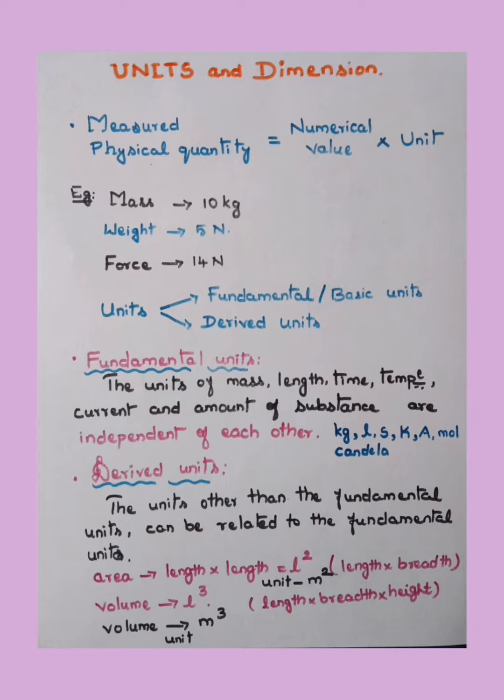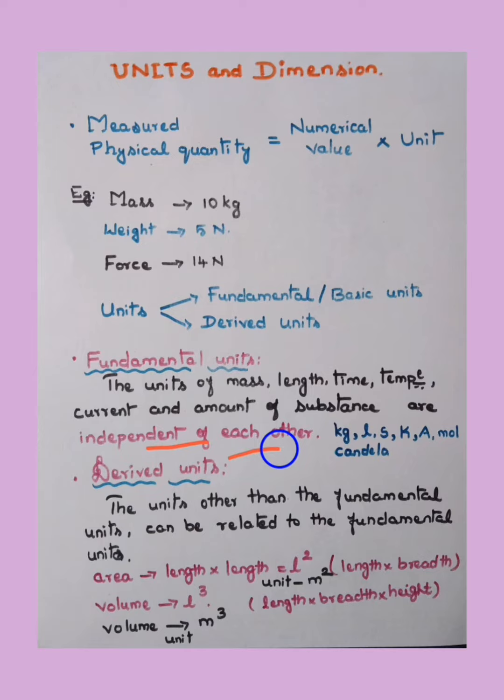Moving to units, these are divided into two types: fundamental or basic units, and derived units. What are fundamental units? These are the basic units which are independent of any other unit, which can neither be changed nor be related to any other fundamental units.